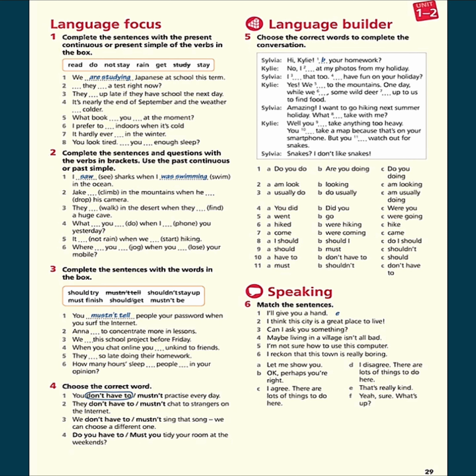Complete the sentences with the words in the box. Section 4. Choose the correct words. Now for Section 5. Language Builder. Choose the correct words to complete the conversation. Section 6. Speaking. Match the sentences.